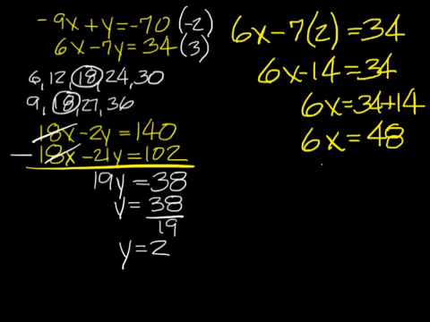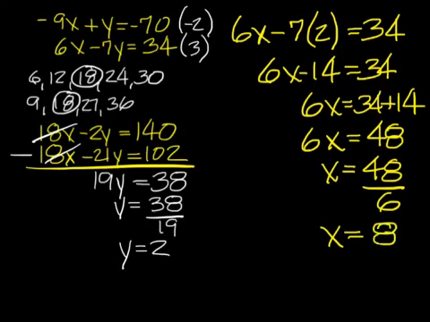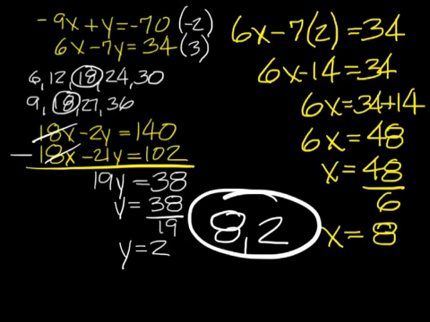You'll end up with a 48, and when you divide 48 by 6, you will get an answer of 8. How do we express the final answer? Exactly, so it'll be 8 and 2. 8, 2, right. Answer is 8, 2.